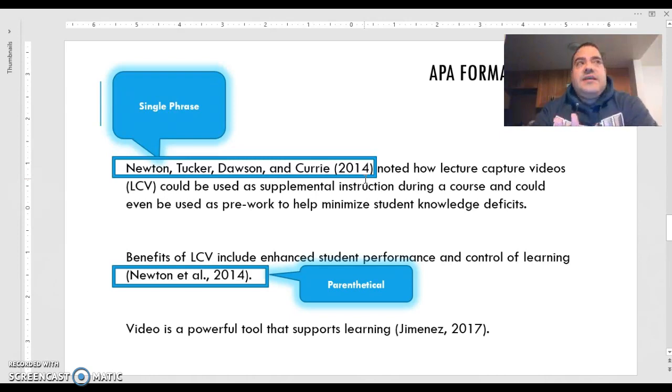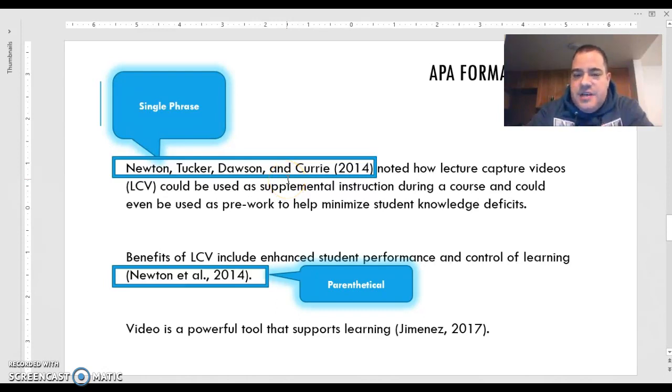There are some exceptions to that rule, but for our purposes, to keep this simple, again, in this example, Newton, Tucker, Dawson, and Curry were the authors, and they're followed by, in parentheses, the year. This is called a single phrase because you start your sentence with a citation. Okay?